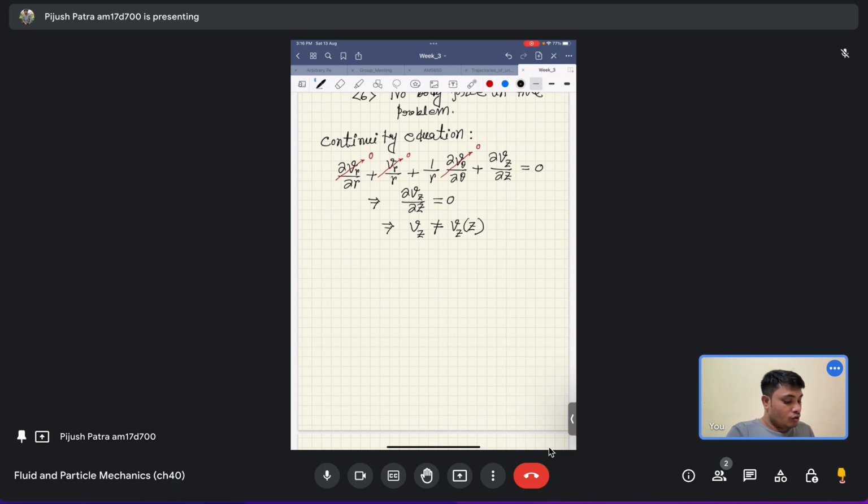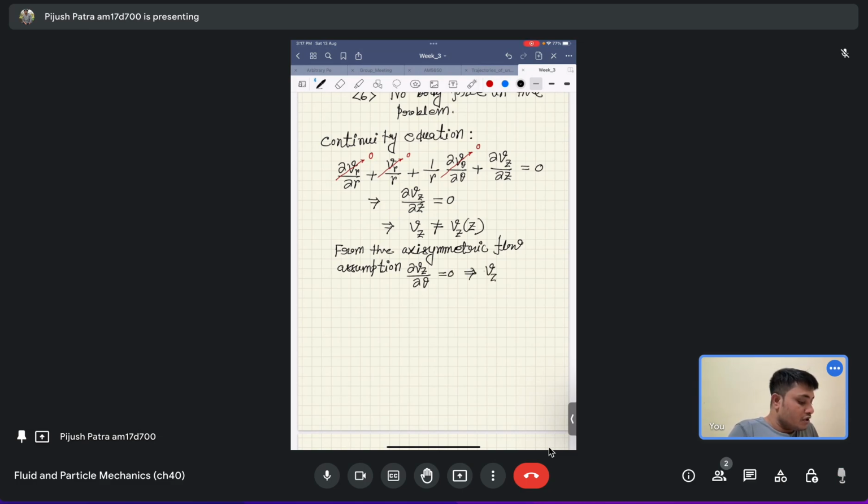And for the axisymmetric flow assumption, dou Vz by dou theta is equal to 0.